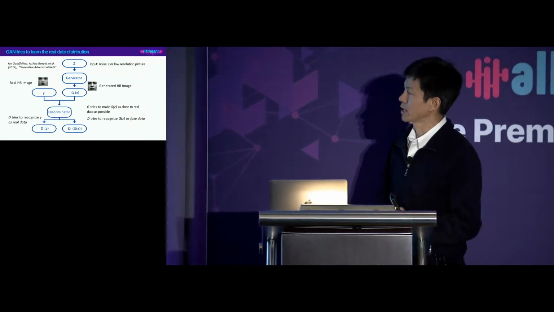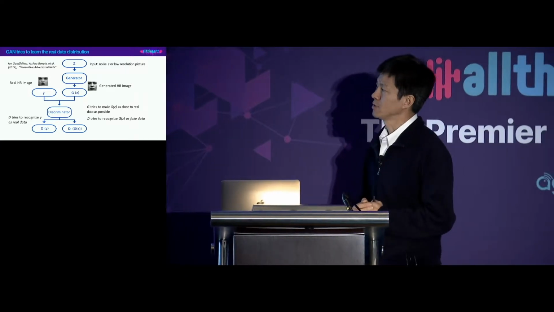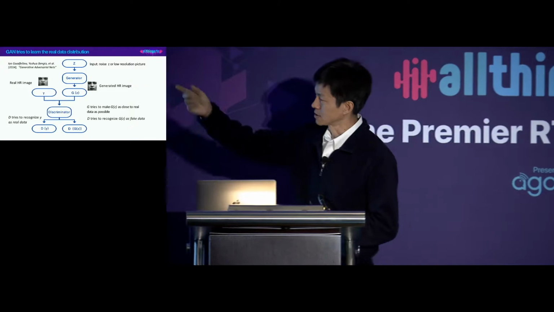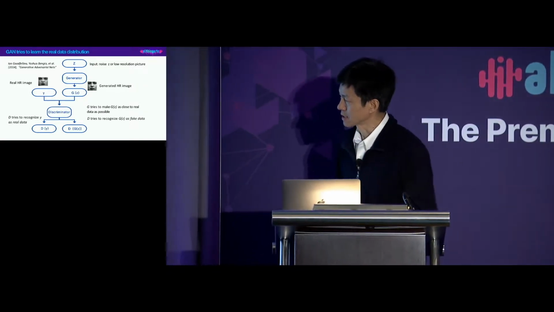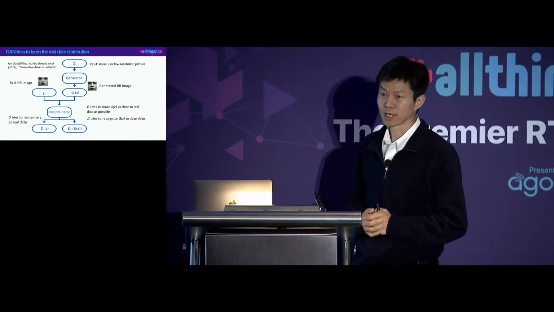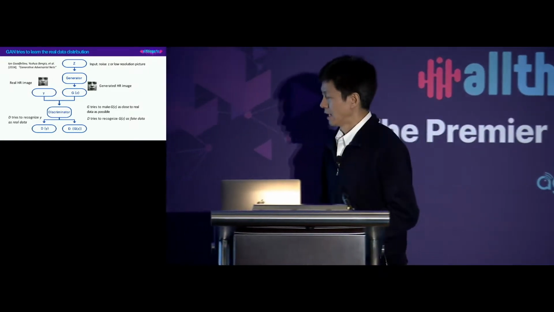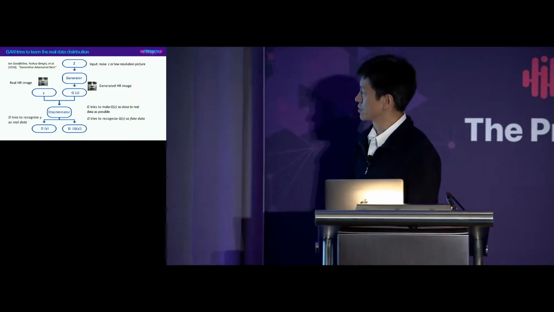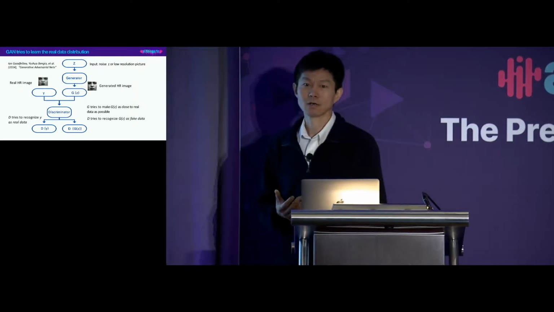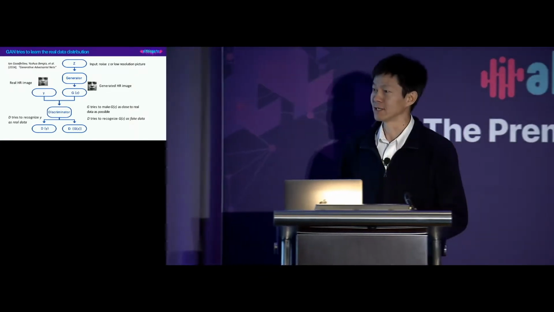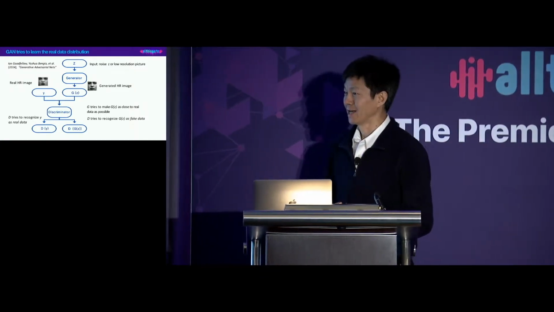When a real high resolution image is fed into the discriminator, as the left-hand side shows, the discriminator tries to recognize it as real data. And the generator at the next iteration would try to enhance its own capability and generate a better version of the fake data.